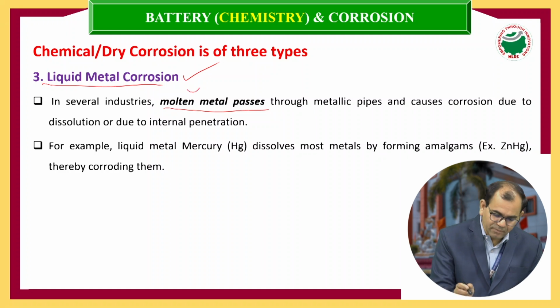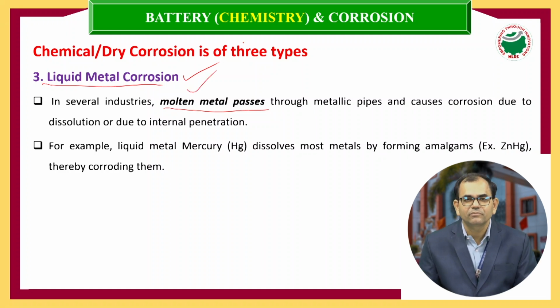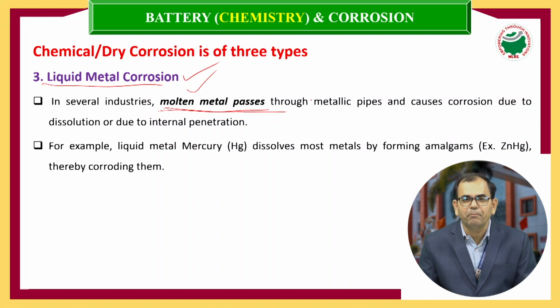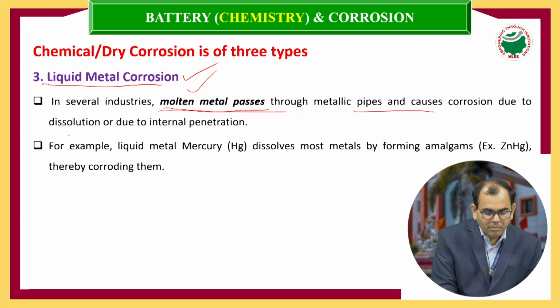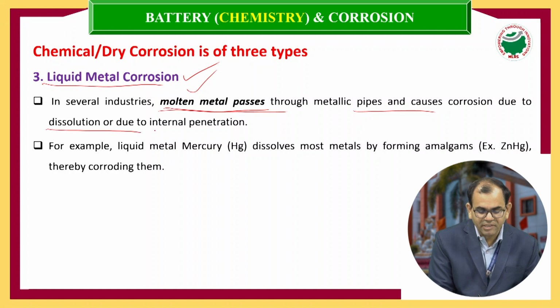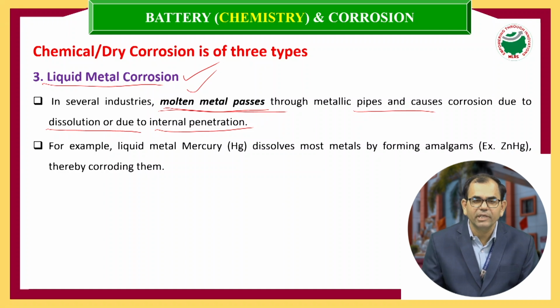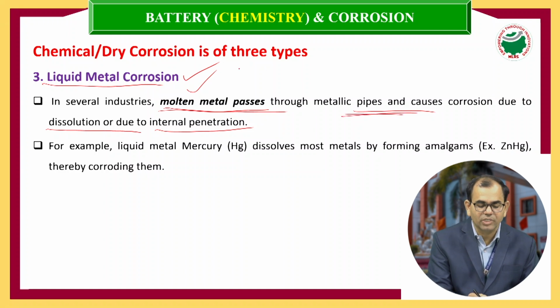That liquid aluminum is nothing but molten aluminum, the liquid form of aluminum. This liquid aluminum will be pumped through the pipes, and through manufacturing defects or internal penetration, the molten aluminum goes into hairline cracks or minute holes of these pipes, and that will lead to corrosion.